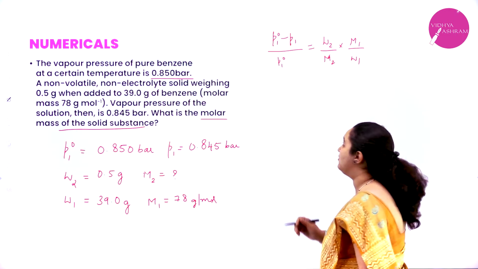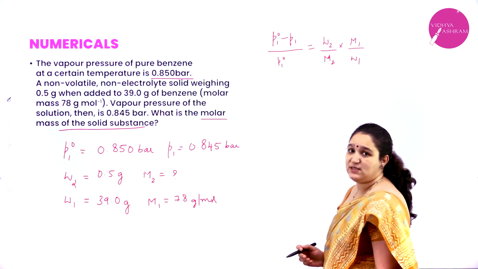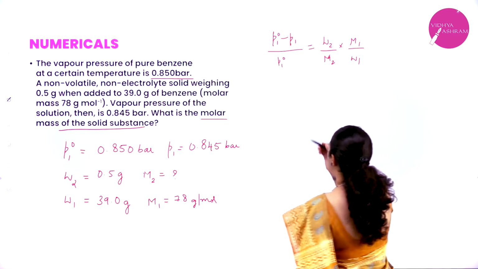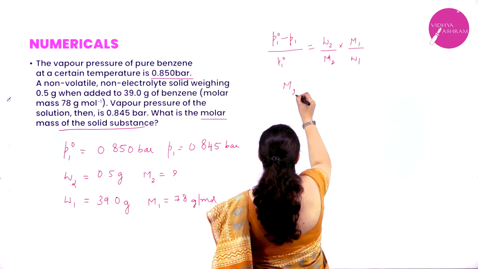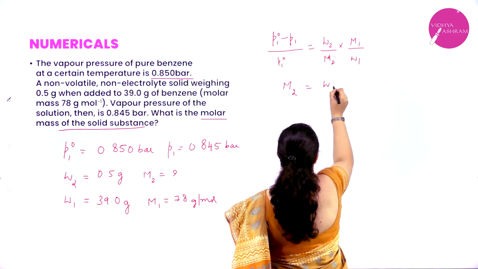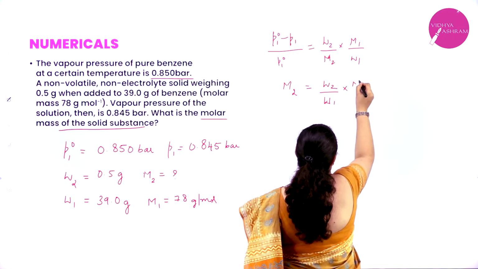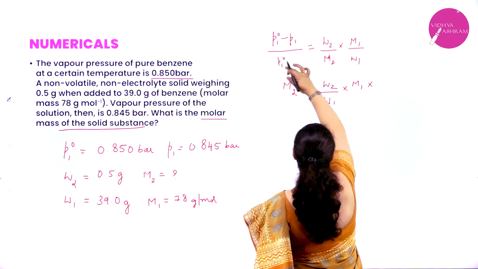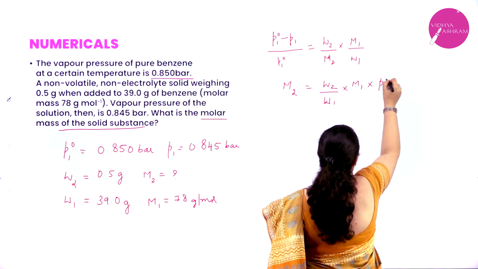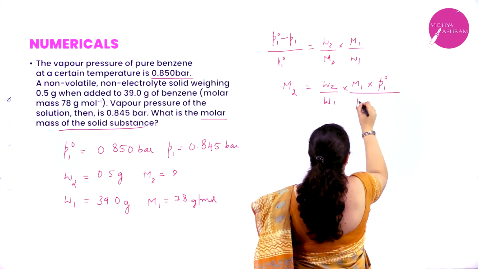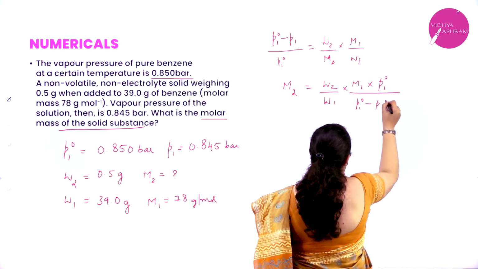So we need to calculate M2. I'll take it on the other side and I'll rearrange the equation. So it will become M2 is equal to W2 by W1 into M1 into this. I'll take it on the numerator. So P1⁰ by (P1⁰ minus P1).